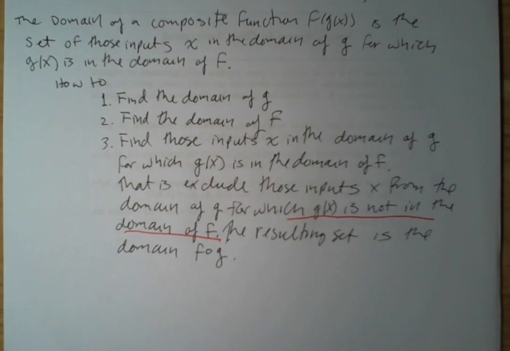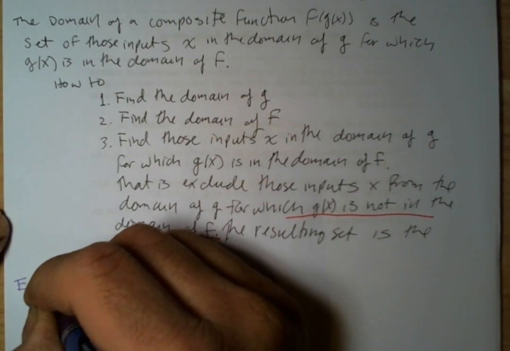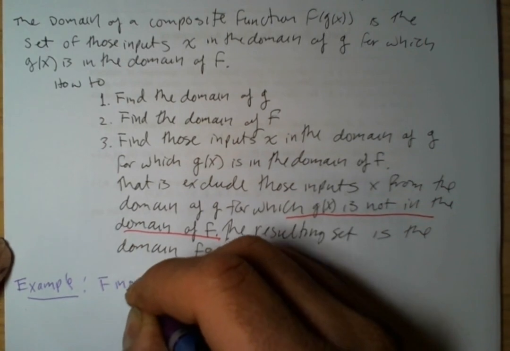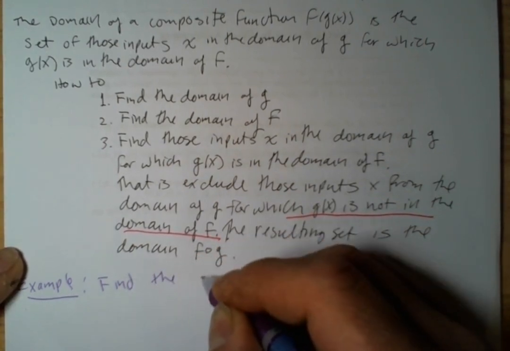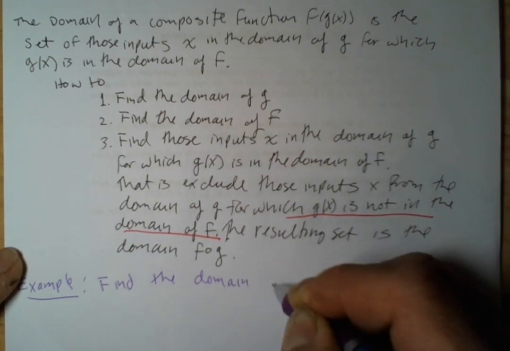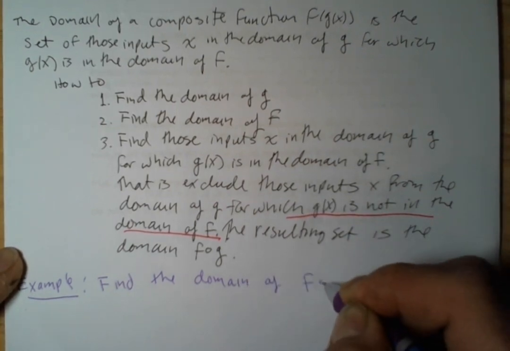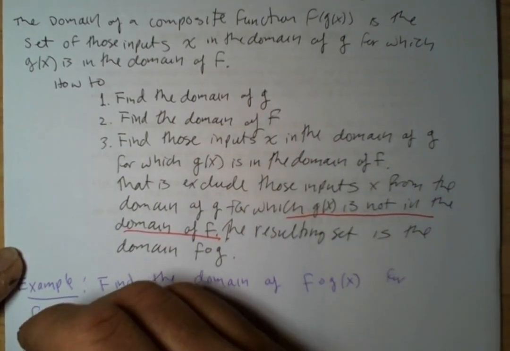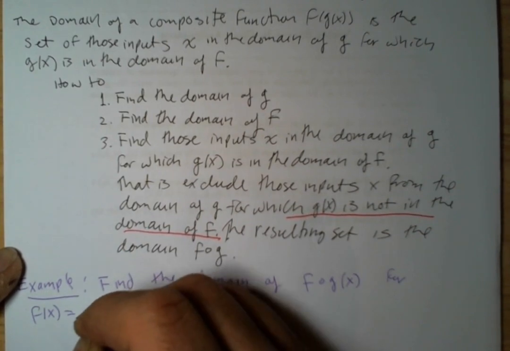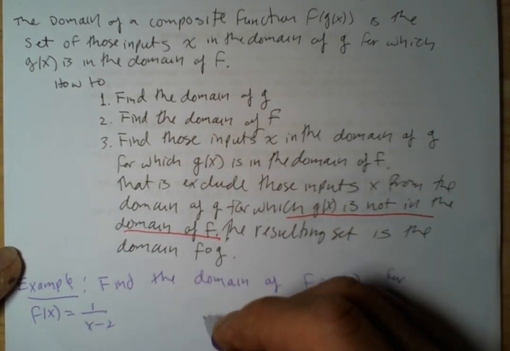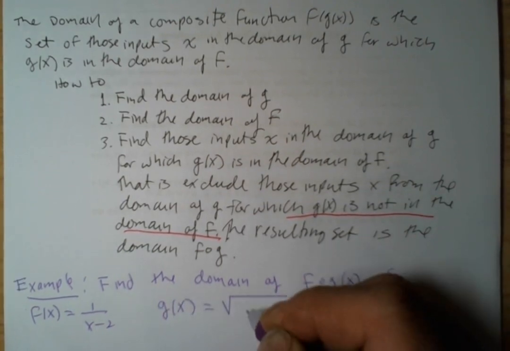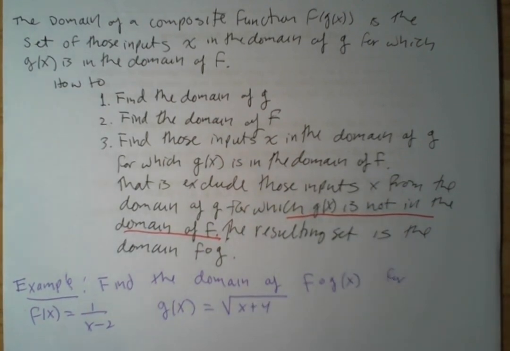Okay, so let's actually work through an example. Let's say, find the domain of f composed with g of x, for f of x equals 1 over x minus 2 and g of x is equal to the square root of x plus 4.